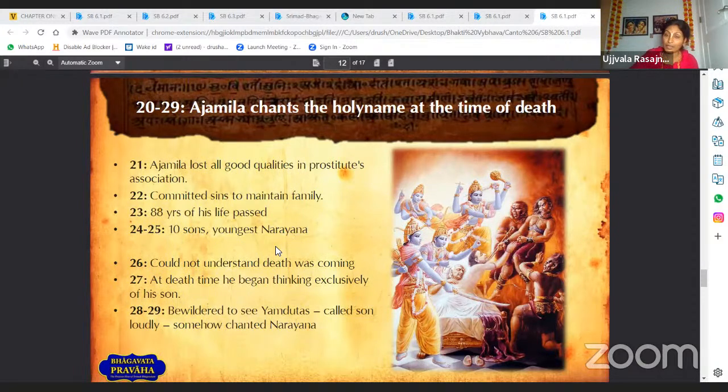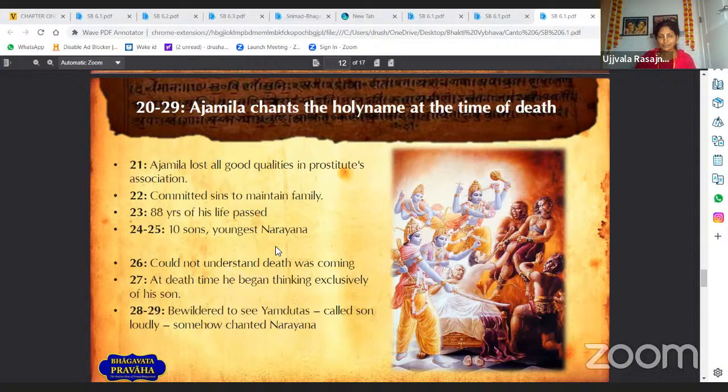Very sinful. Even though he was sinful like that, Ajamila, when he said Narayana, even though he was intending to call his son, but not Lord Narayana, even then four Vishnudutas came. What does that mean?